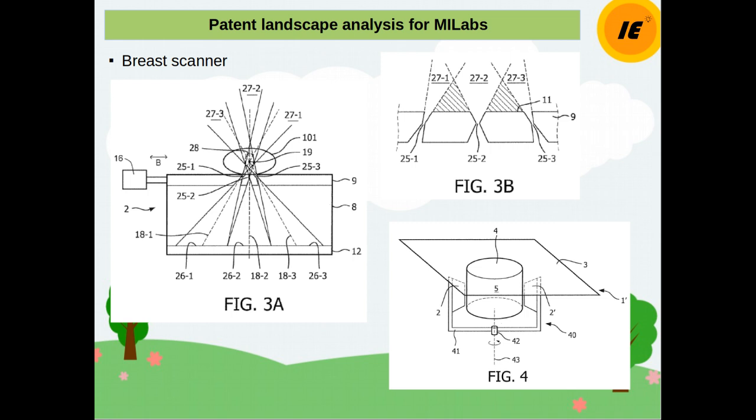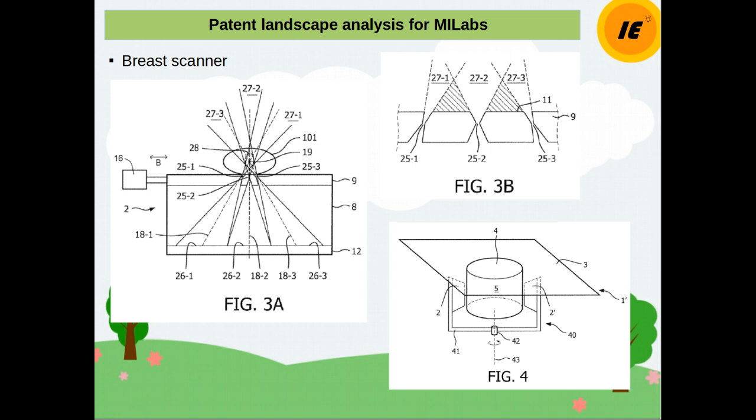So what this invention is talking about is, instead of moving the breast or the object that we are trying to image, we move the collimator itself, and that I would say is a very interesting solution or innovation. Here you can see these collimators are actually converging.